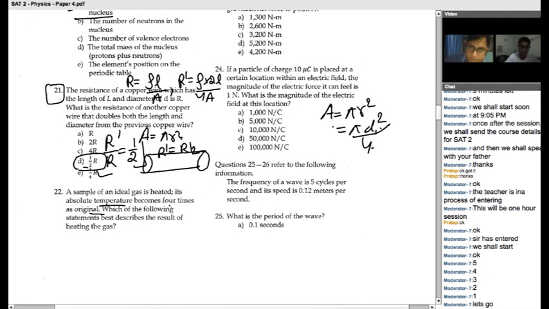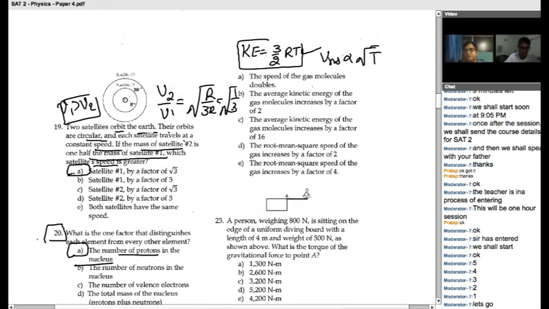Kinetic energy is proportional to T. Root mean square velocity is proportional to root T. The temperature is becoming 4 times, so kinetic energy should become 4 times.